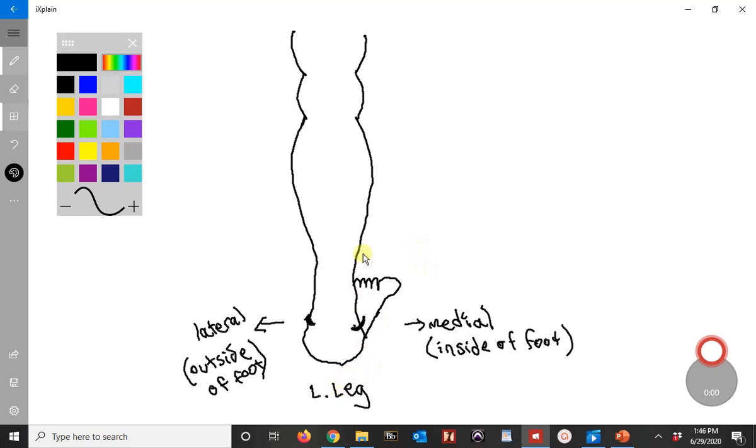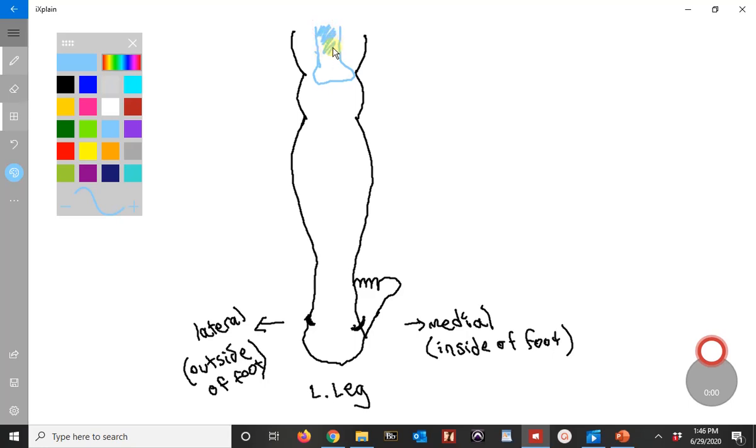Okay, so inside your leg, all the way up here in your thigh, there's this big bone that comes down until it gets down to where your knee is, right? And it's shaped kind of like this, and it sticks out on the medial side a lot more than it does on the lateral side.